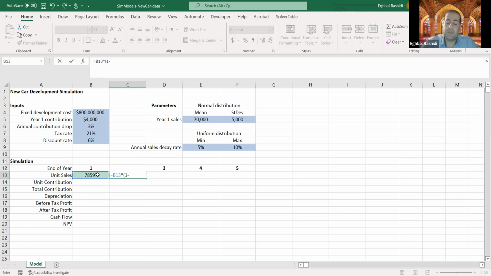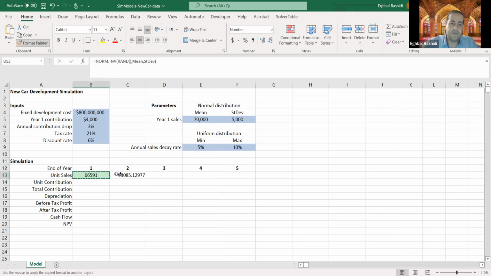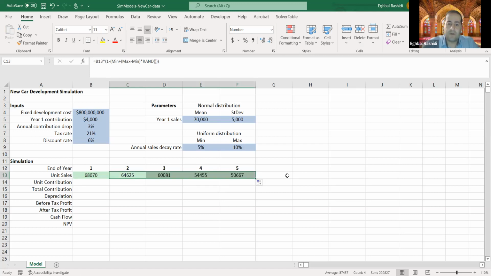So that would be the mean value plus max minus mean multiplied by the rand function. And I'm going to use this format painter for this as well. So now I can actually drag this to the 5th year.